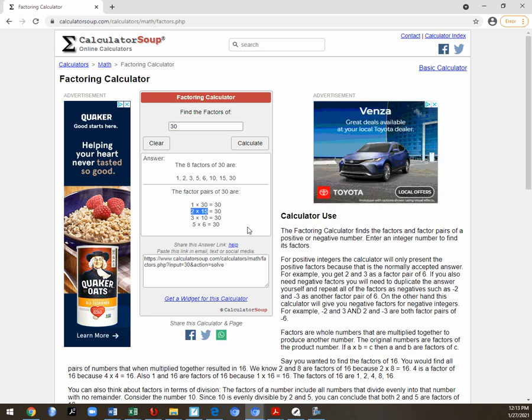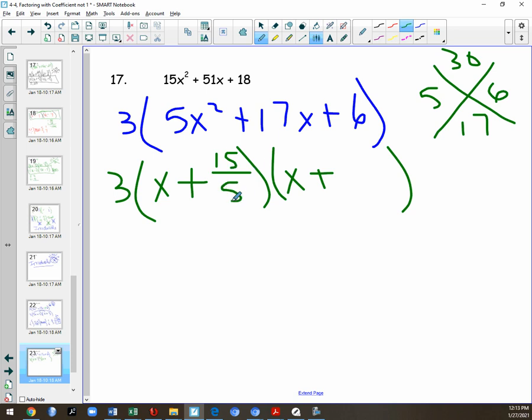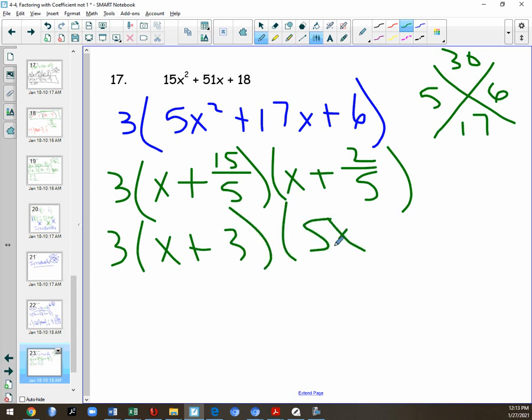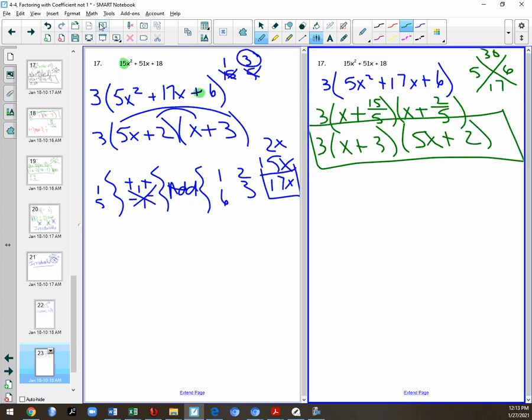So I'm going to be using an x plus 15 over 5 and 2 over 5. So that's x plus 3, and then that's 5x plus 2 because that cannot be reduced, and you are done. So same exact problem done 2 different ways, and we get both the same answers, okay?